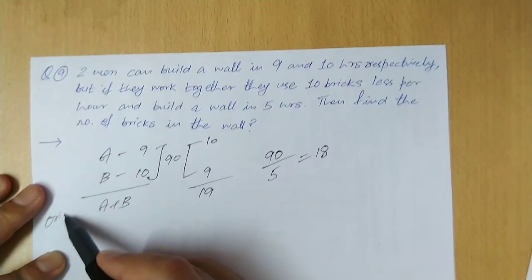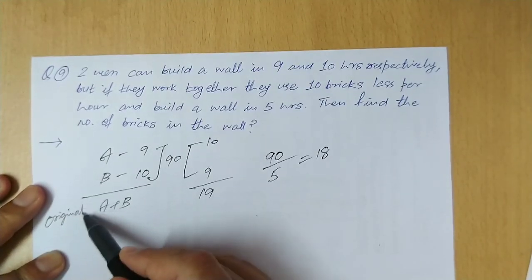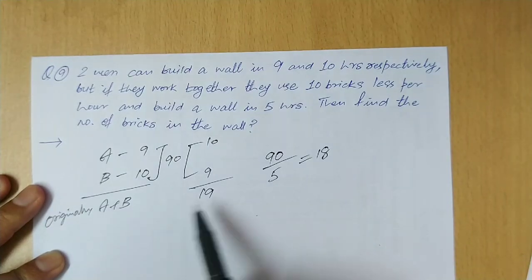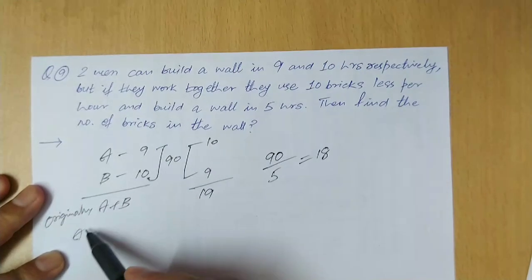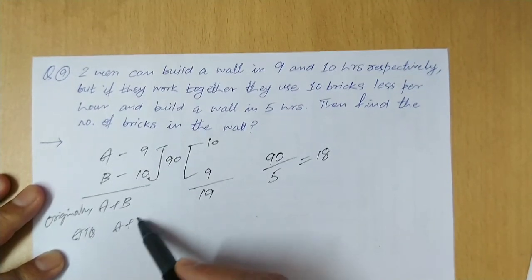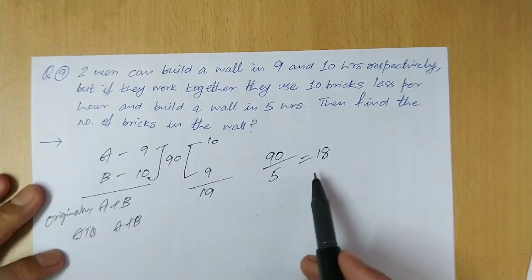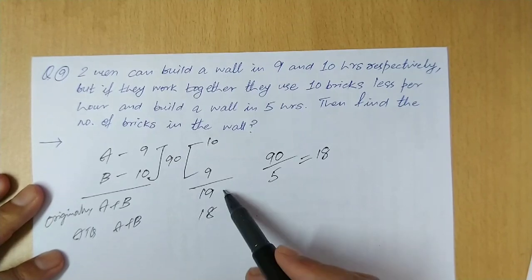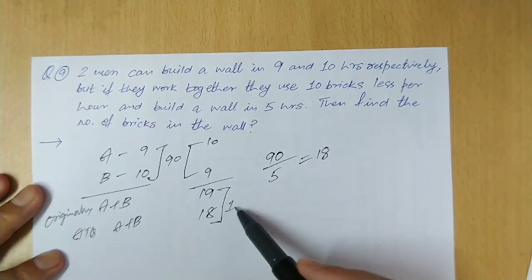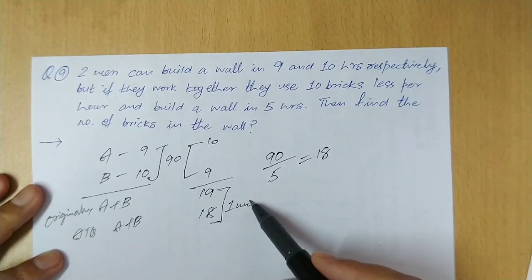So originally the efficiency is 19, but according to the question we get an efficiency of 18. So 1 unit is less.